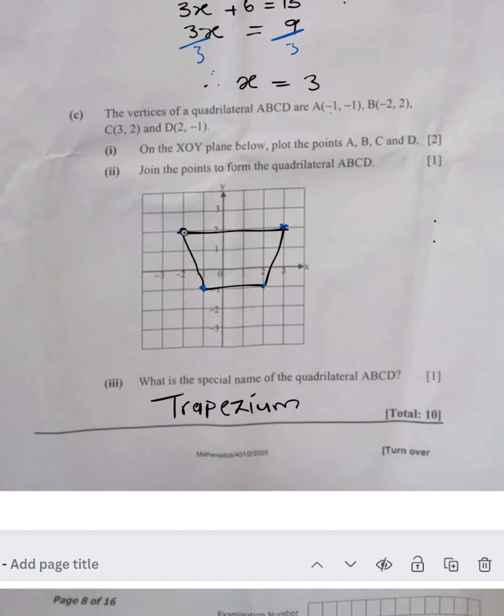And the second question is just joining these coordinates. So when we join these coordinates, we make a special figure or quadrilateral, which is called a trapezium. So this figure is a trapezium, and we are done.